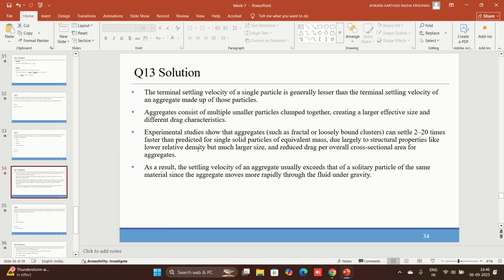Relative density is lower, right, but size is larger, and there is reduced drag per overall cross-sectional area for aggregates. As a result, the settling velocity of an aggregate usually exceeds that of a solitary particle of the same material, since aggregates move more rapidly through the fluid under gravity. So that is for question 13.